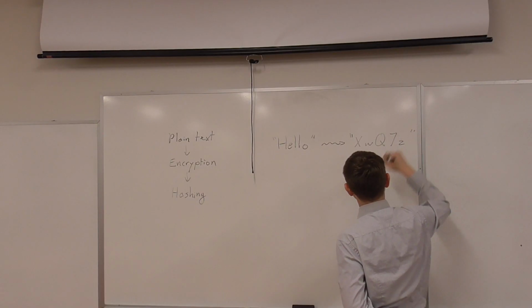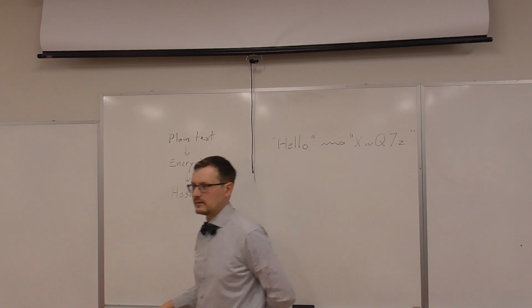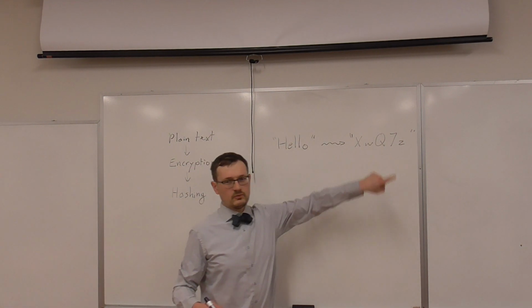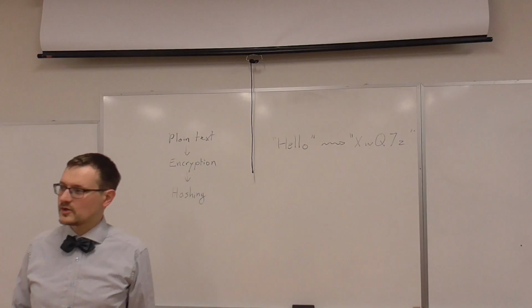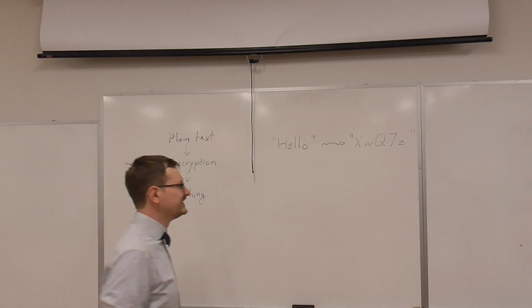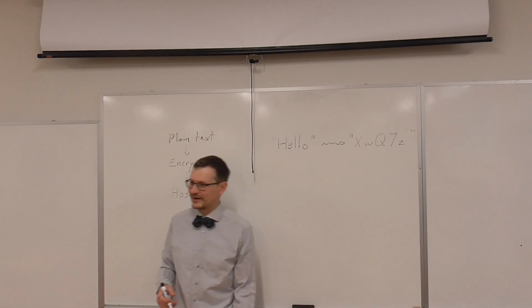XWQ7Z. This is a good example of why human beings are not really that good at random number generation. If you remember what my string was last time, it also relied quite heavily on the second half of the alphabet with one number thrown in, right?